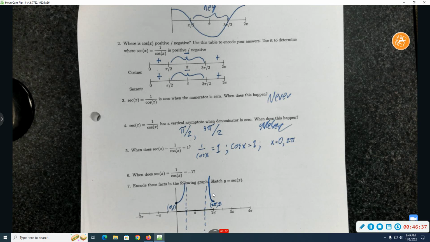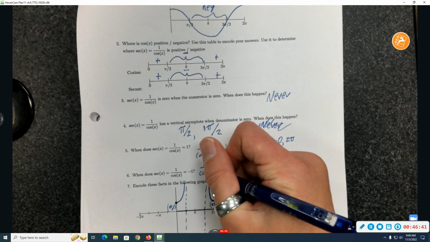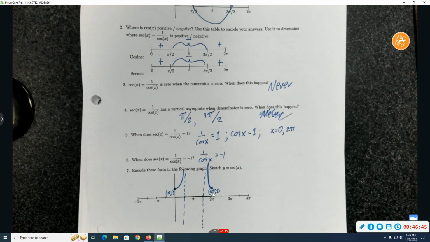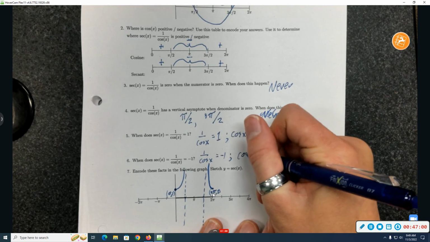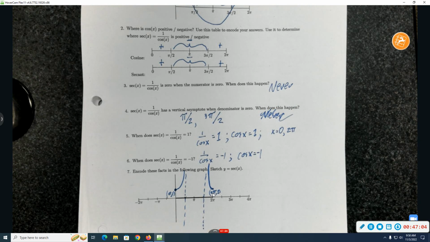When is secant equal to negative 1? When cosine is equal to negative 1. Excellent. The only way 1 over a number could be negative 1 is if you divide it by negative 1.